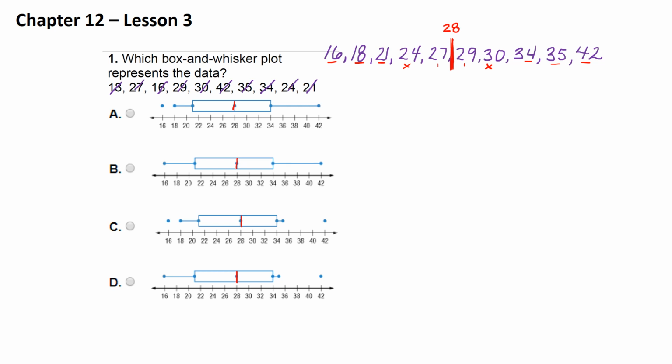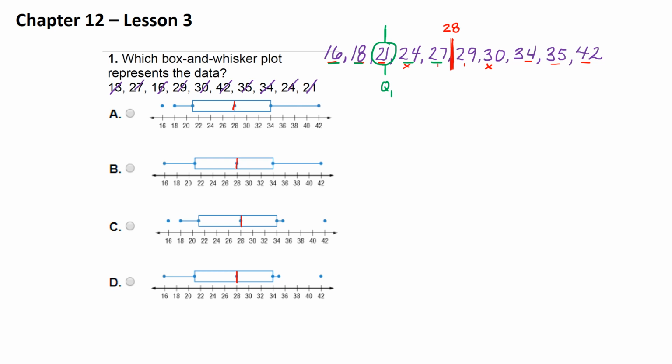So now we're going to find quartile 1, which means that we have to find the median of the lower half. So we're going to go left, left, right, right, and here is our middle number. So this is going to be quartile 1.